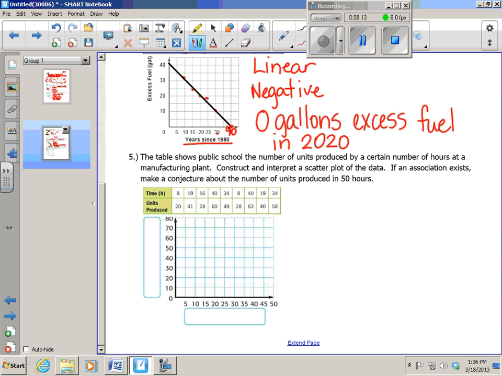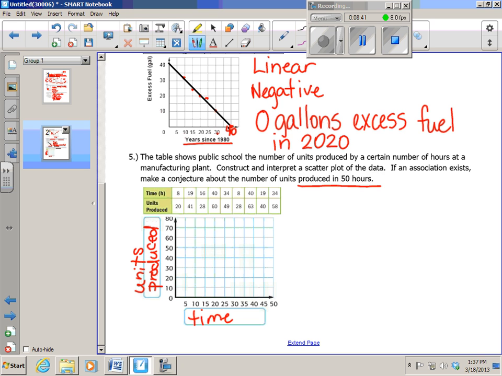Construct and interpret the scatter plot of the data, and if the association exists, find the production in 50 hours. So we have time for our x-axis, and we have units produced for our y-axis.